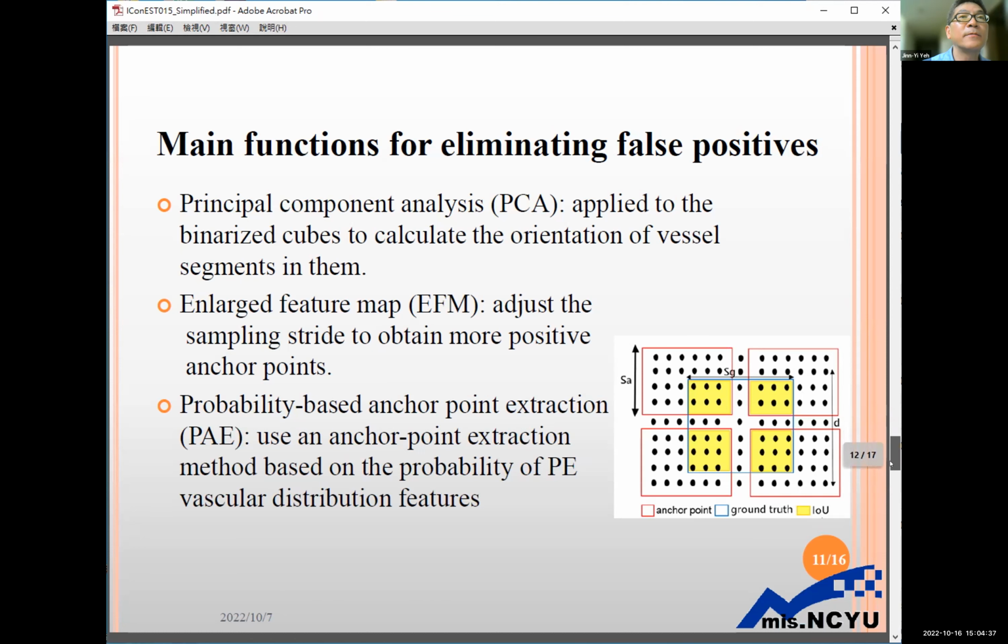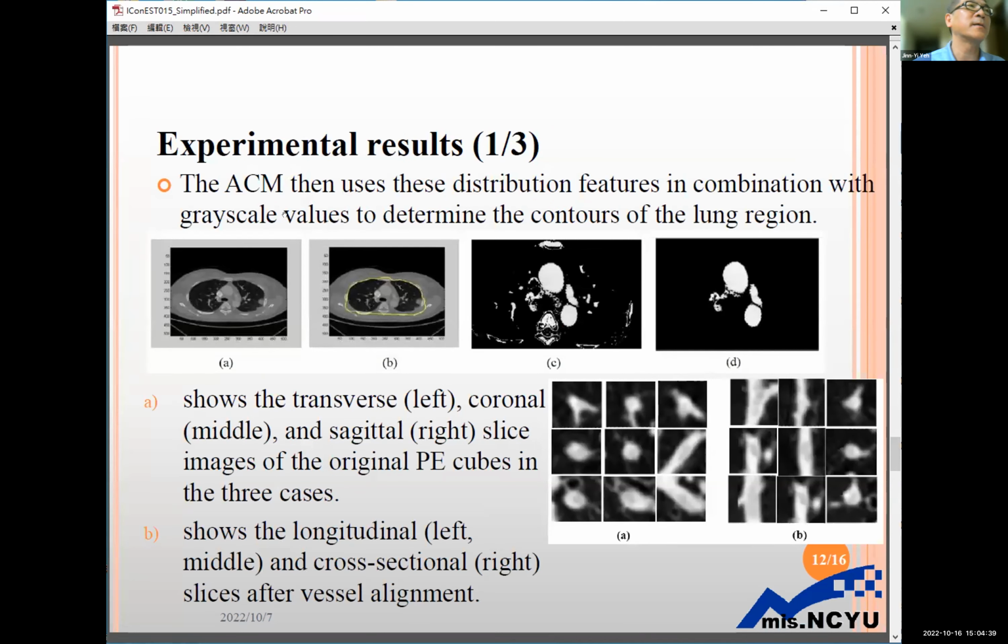So the results we're showing here, the PAE then uses the distribution feature in combination with the gray scale value to determine the contour of the lung region, shown here.